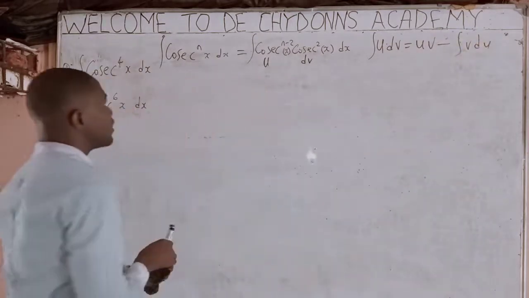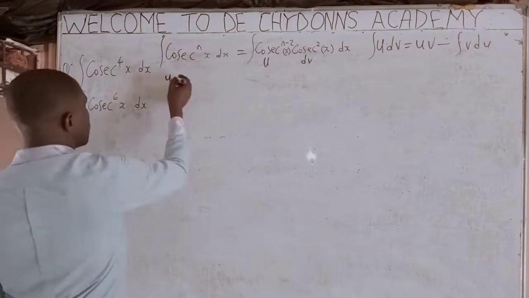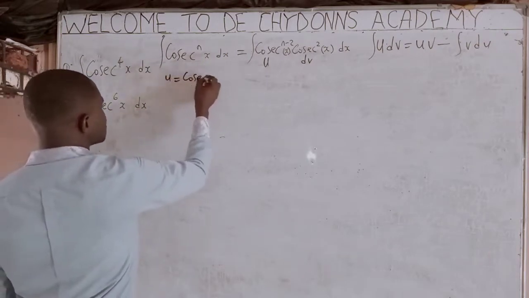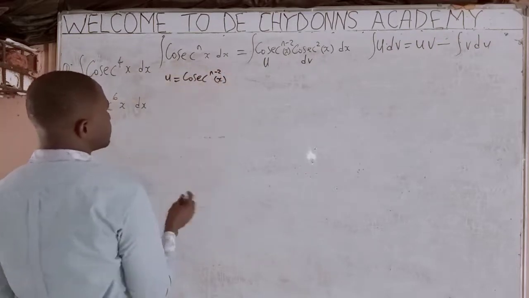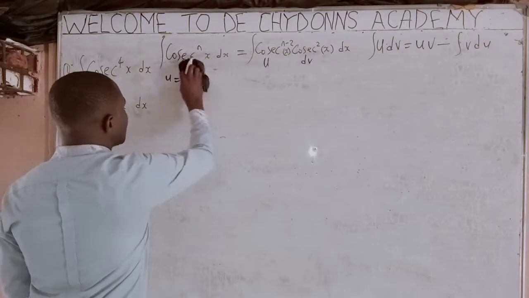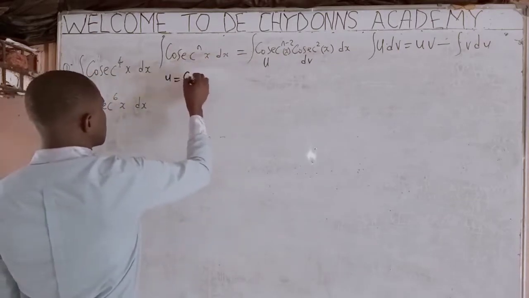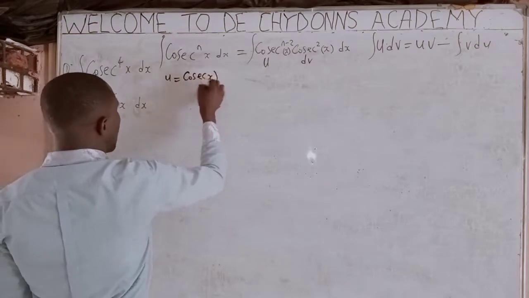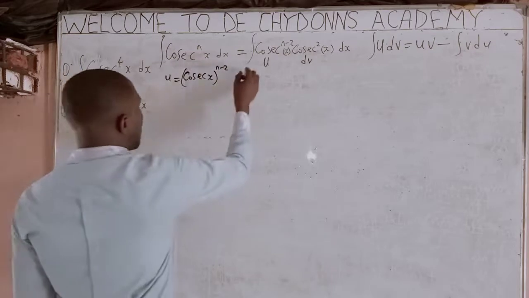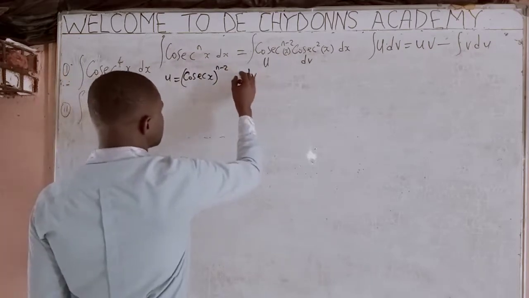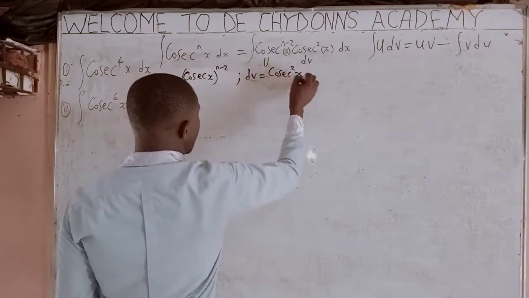Okay, then we now say what is our u? u is equal to cosec to the power n minus 2 of x, and cosec to the power n minus 2 of x means cosec x all raised to the power of n minus 2. Okay, our dv is equal to cosec squared x.